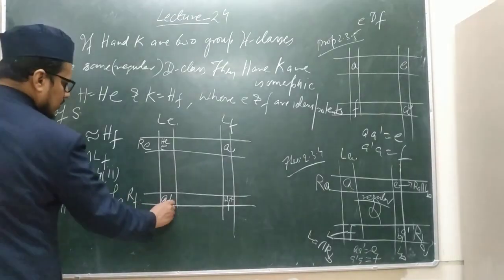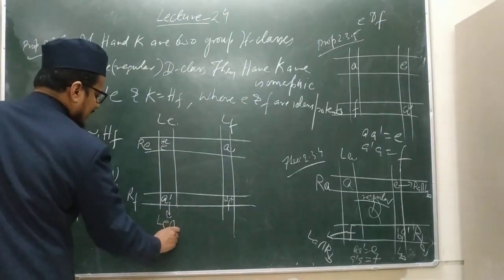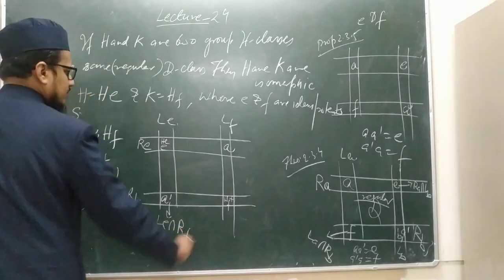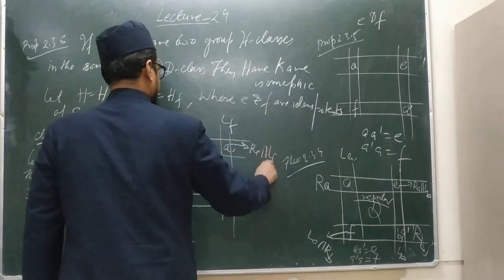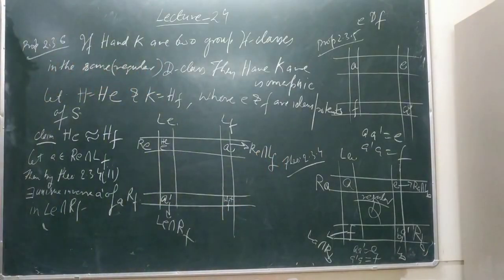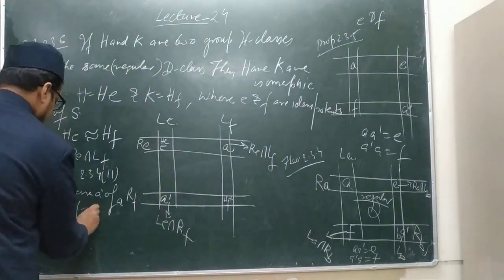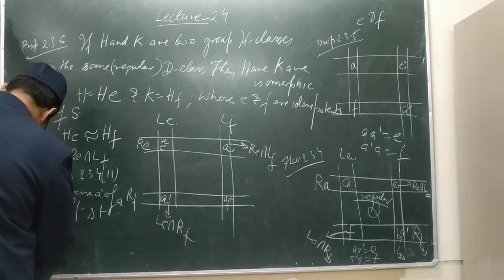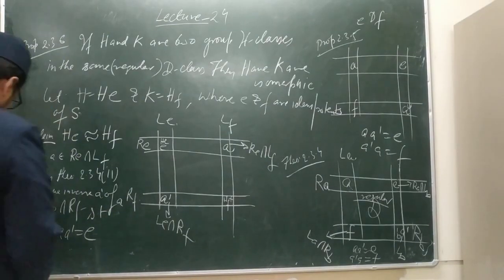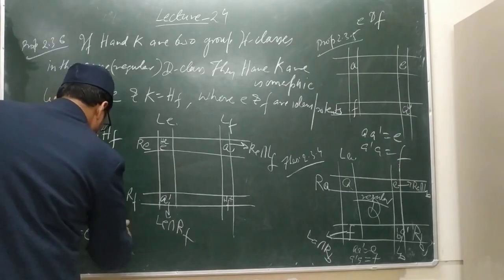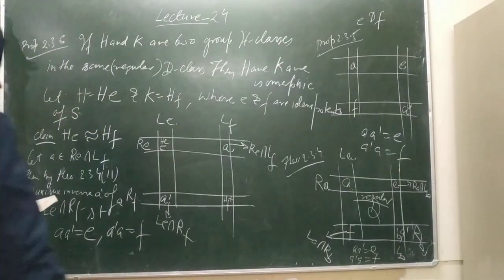Of course, this is LE intersection RF, and this is RE intersection LF, correct? Diagonal position, such that A A dash is equal to E, A dash A is equal to F. These things we have, correct?